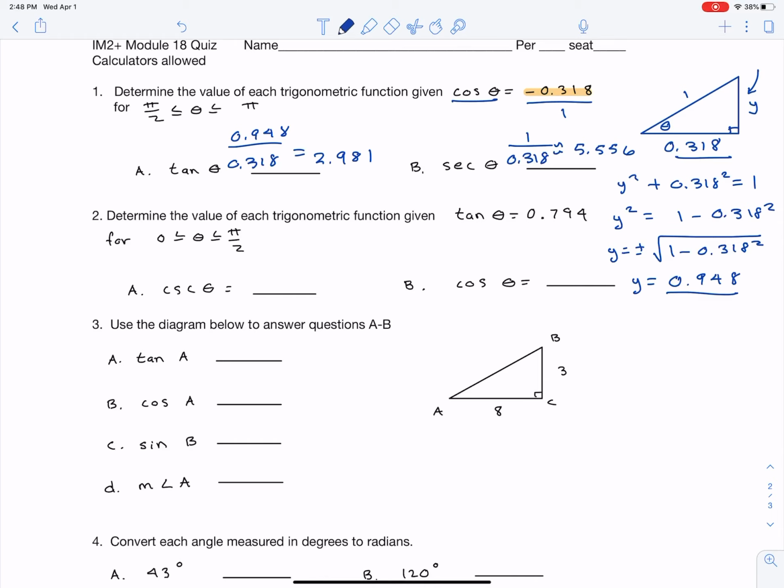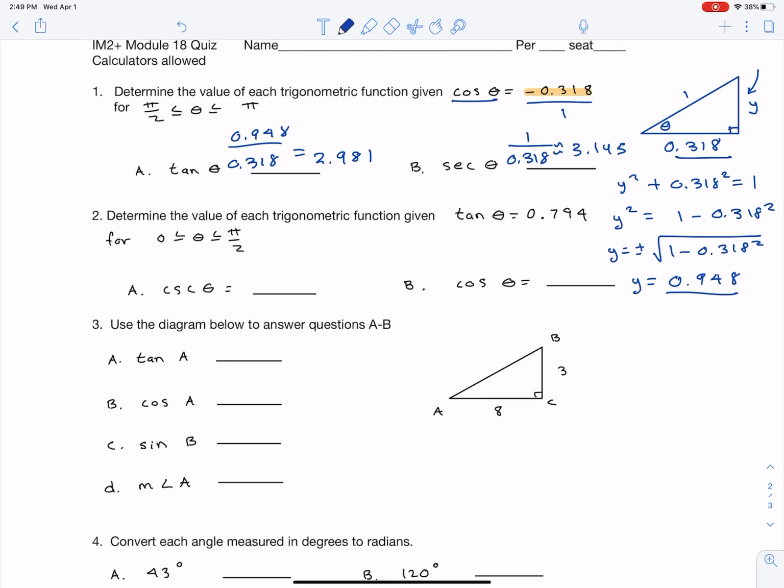Whoops, actually, I plugged that into my calculator wrong. Let me do that again. So it's 1 divided by 0.318, which is 3.145. Let's just make sure I didn't plug that in wrong. Yeah, it looks like I plugged that in correctly.